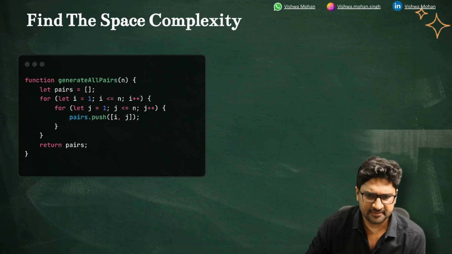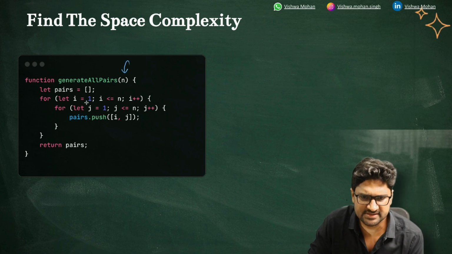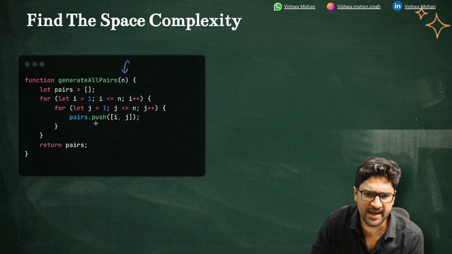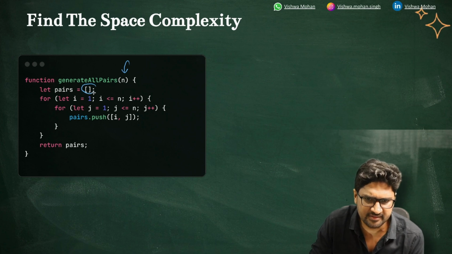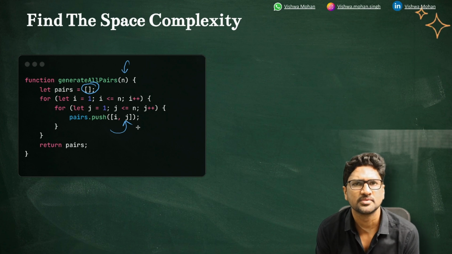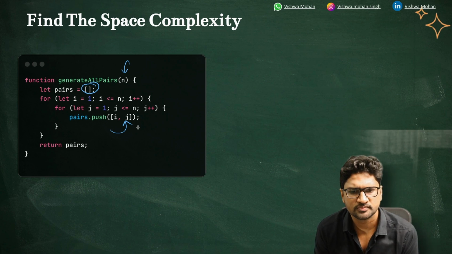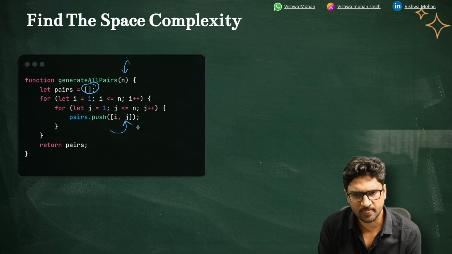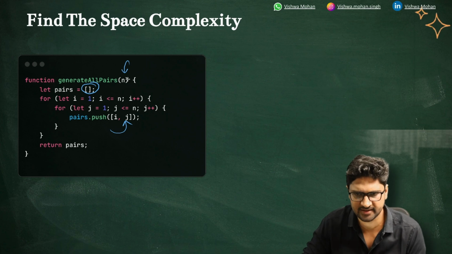In this case, what we do is we have an input size, and for this input we go and this is an array, and inside this we put another array, right? So it's again a size of n.